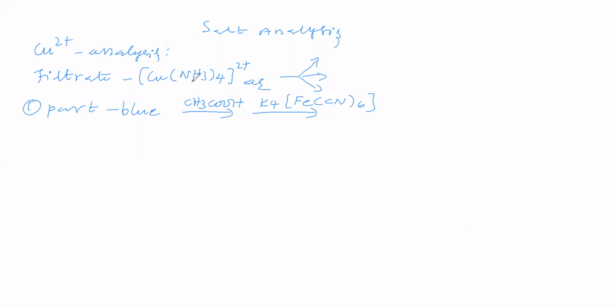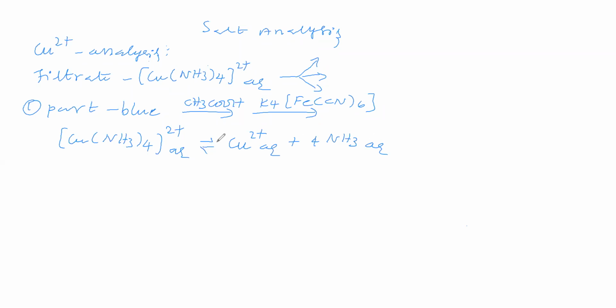This filtrate contains the Cu(NH3)4 2+ complex. This complex is in equilibrium. The right side of the equilibrium contains copper ions and ammonia molecules.